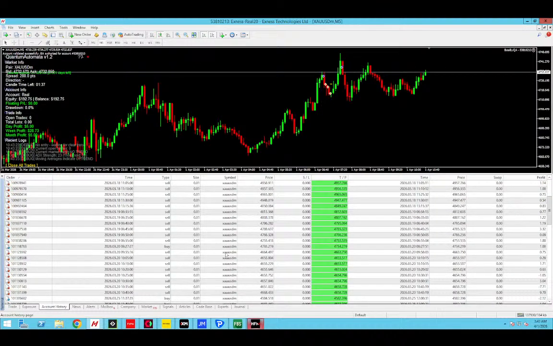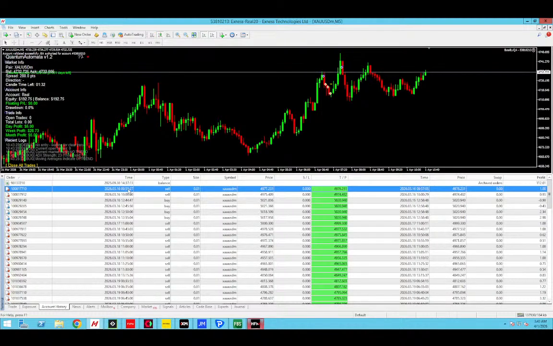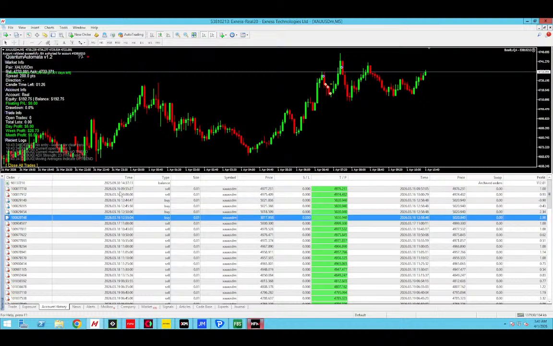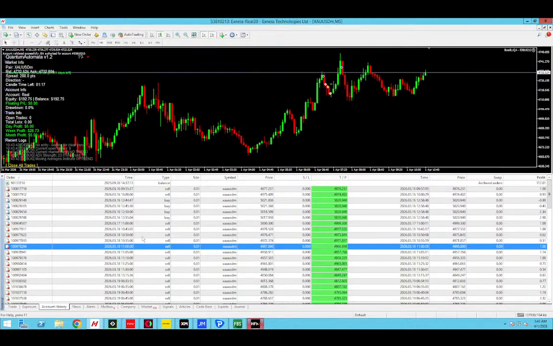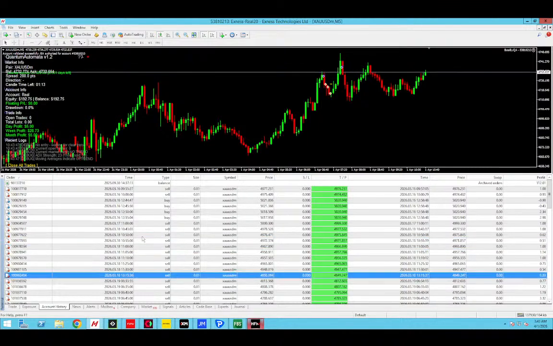As you can see, the first trade on this account was on the 16th of March. It took 7 trades on the 16th, then one trade on the 17th, and then 9 trades on the 18th. 9 plus 10, 17, so 17 trades in total.